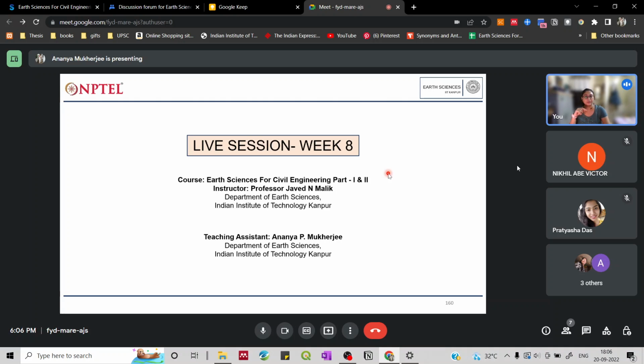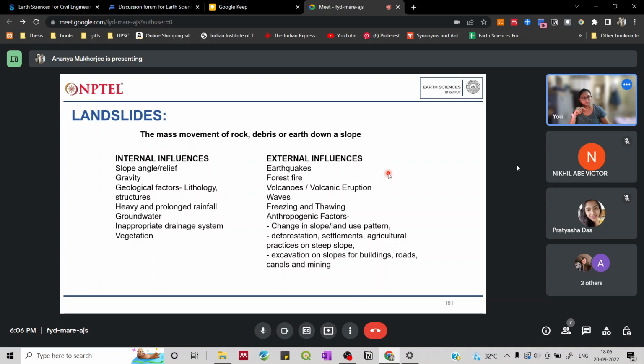So today we will be learning about two more natural hazards and how understanding them will help us in preventing them from either happening or minimizing the damage that is caused due to these natural hazards. So the first hazard that we'll be talking about today is landslides.